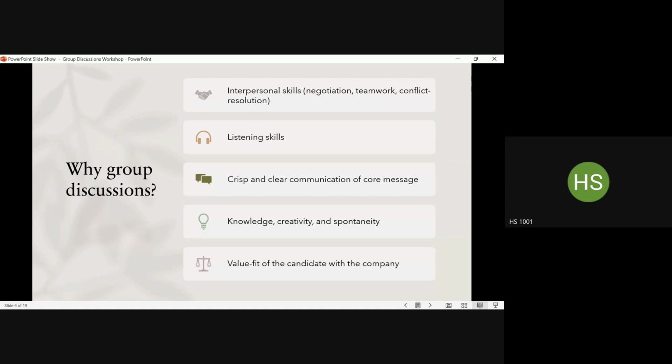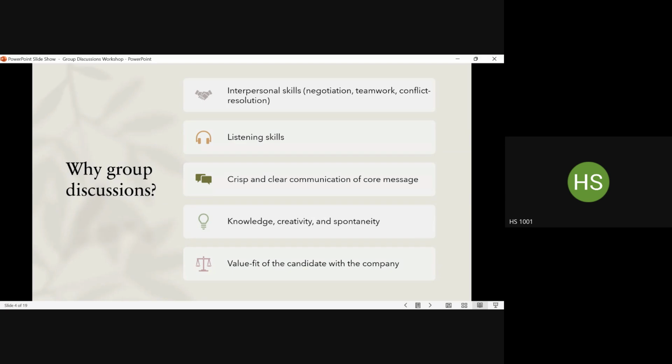All companies have certain values that they uphold, a certain company culture or work culture that they espouse. And so, it is very important for that company to ensure that a new hire is going to fit into that environment, fit into that work ethic. Okay? And this is something that they try to assess through a group discussion.